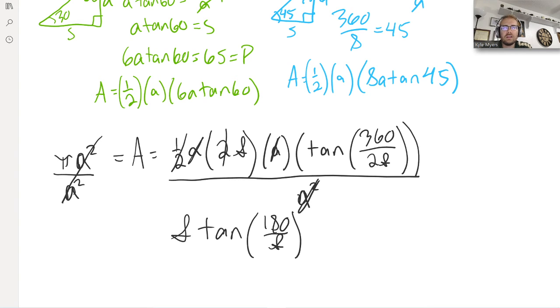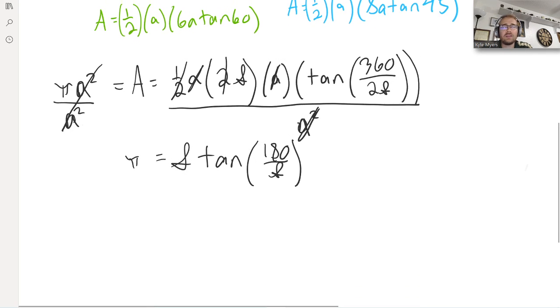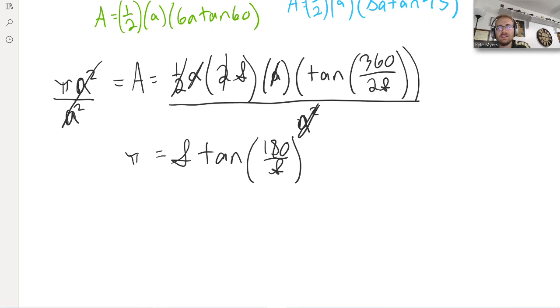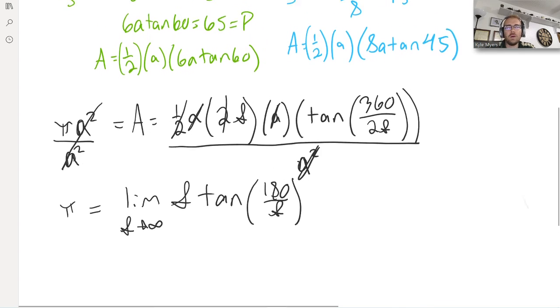So s tangent 180 over s would be equal to pi as it's going to infinity. So the limit as s approaches infinity has to be what pi is.